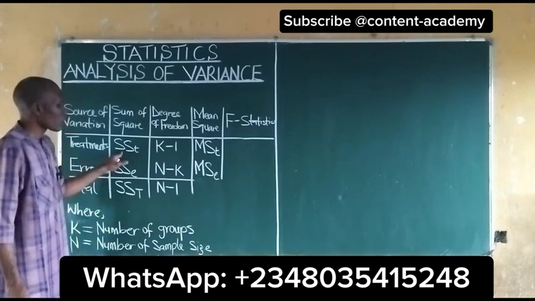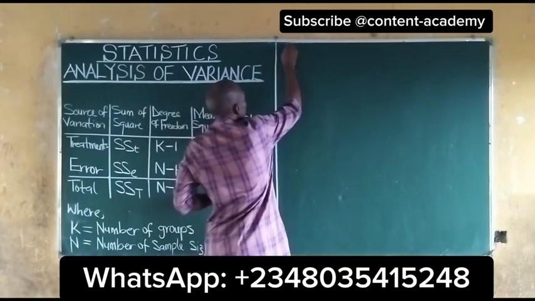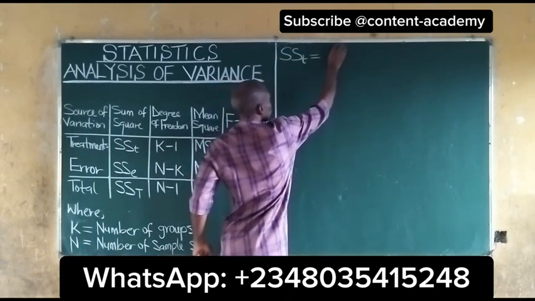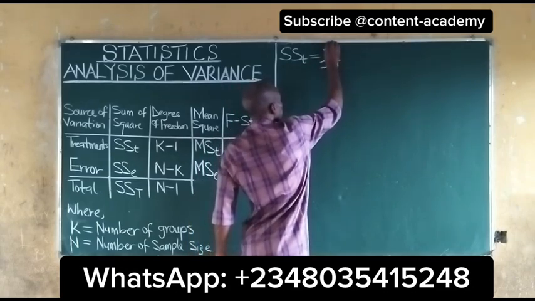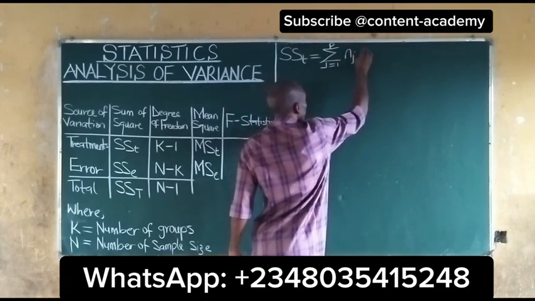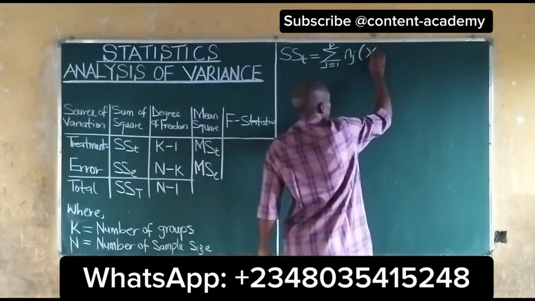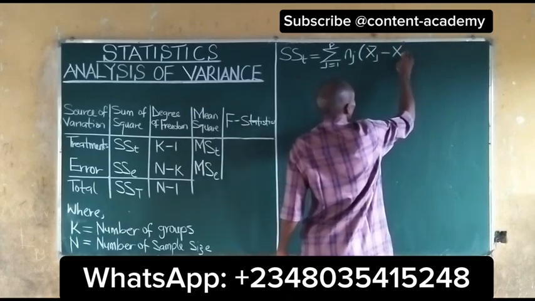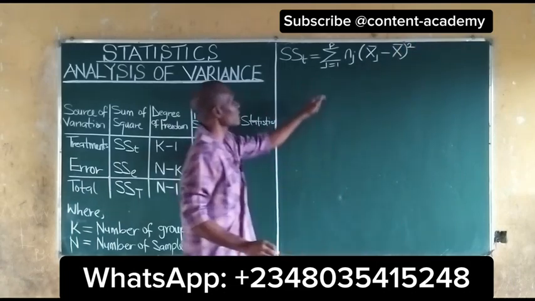Now, what of the sum of square treatment? The sum of square treatment is equal to the summation of j running from 1 to p, of nj times xj bar minus x bar, the grand mean.